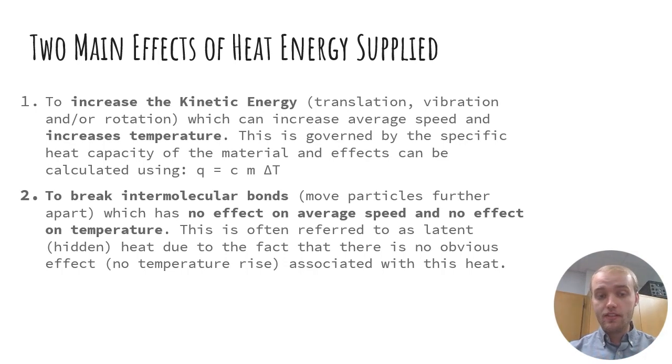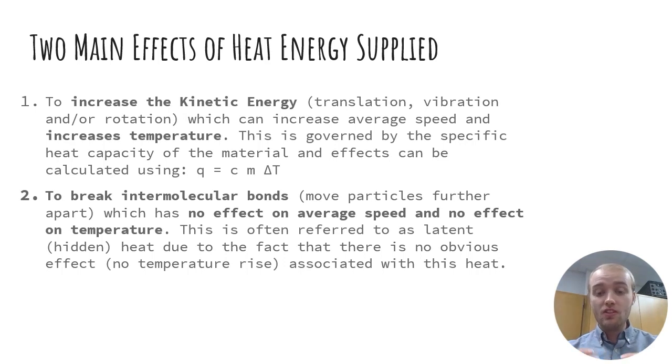When you're increasing the temperature that way, giving kinetic energy to it, you use the MCAT equation. But there's another thing that can happen when you are trying to melt or vaporize, and that is the energy is not going to raise the temperature. The energy is actually going to break intermolecular bonds. You can give energy where all the molecules are speeding up as you give them more energy.